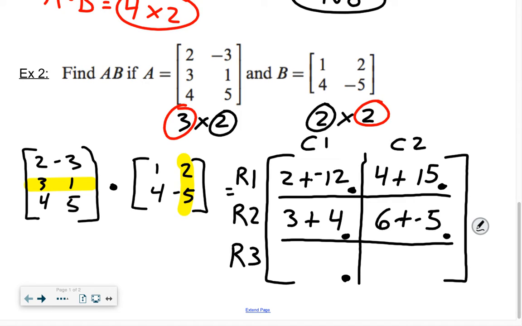That one. Row 3, column 1, right? Row 3, column 1. 4 times 1 is 4. 5 times 4 is 20. Last one, row 3, column 2. These will always be plus signs in between those products.